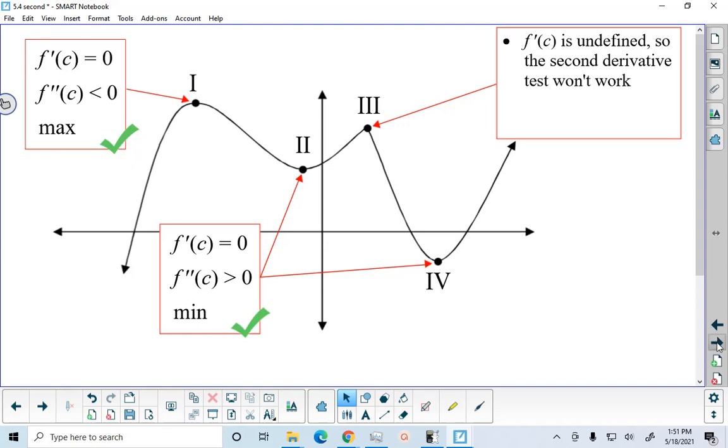Because if the first derivative is undefined, you're automatically in a different lane than the lane that deals with the second derivative test, because the first part of the second derivative test says the first derivative equals 0, and the first derivative at point 3 is not equal to 0. So the first derivative is not equal to 0, it's undefined, which means the second derivative test doesn't work. So for a point like that, you would need to use a first derivative chart.